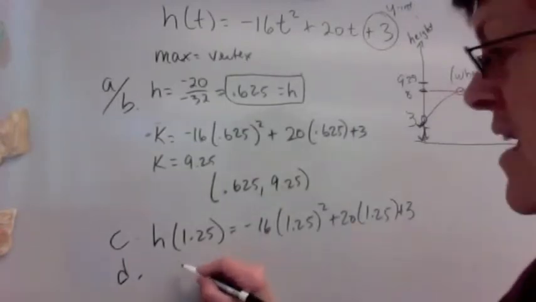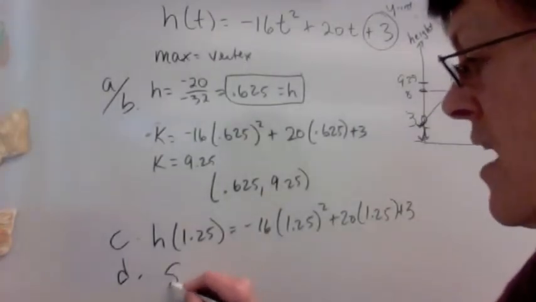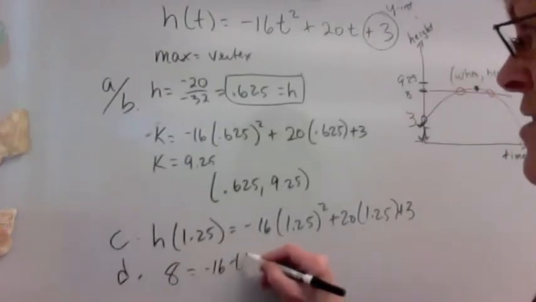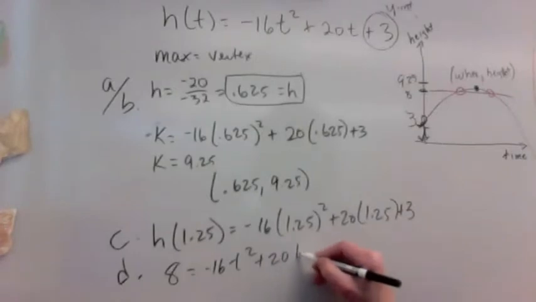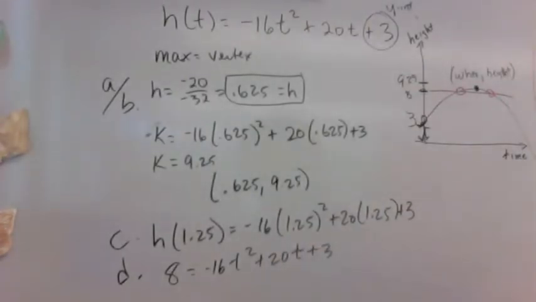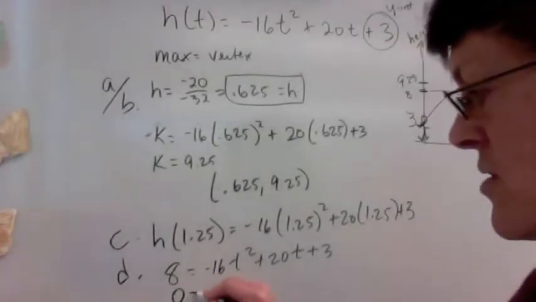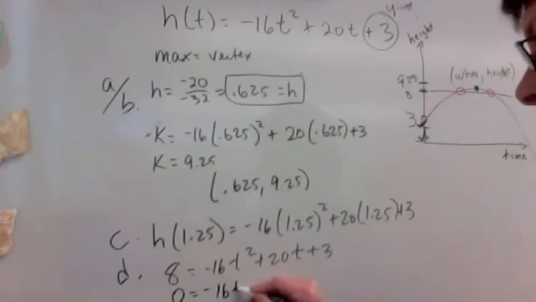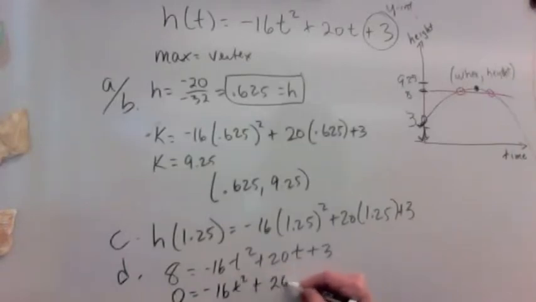So if we set the height, h of t, equal to negative 16t squared plus 20t plus 3, we know that in order to solve a quadratic equation, we have to set it equal to 0. So 0 is equal to negative 16t squared plus 20t minus 5.